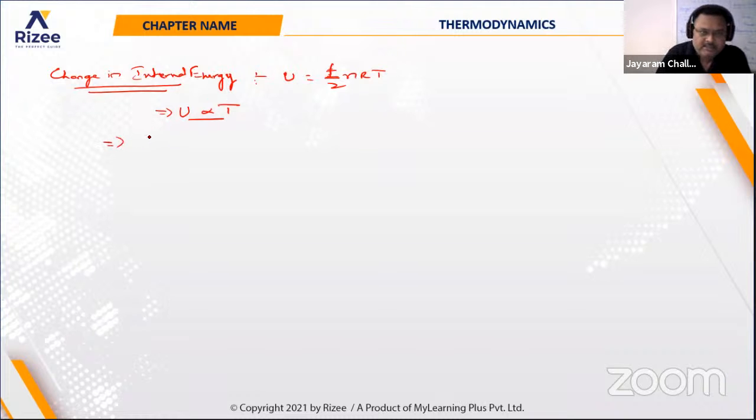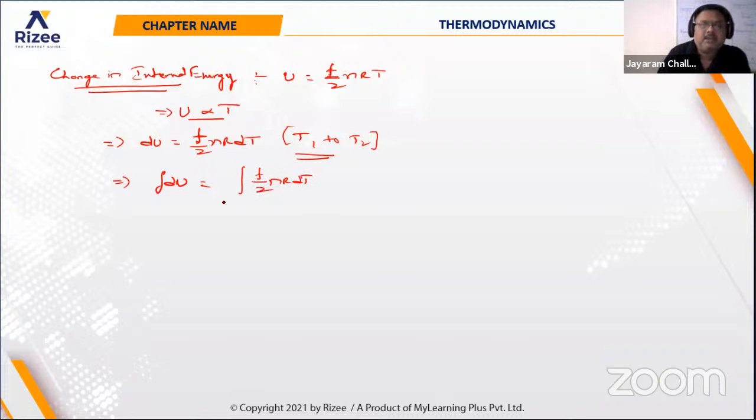So dU, the change in internal energy, can be written as F by 2 into nR into dT, where the temperature changes from T1 to T2. If you want to find U, it is the integral of dU, that is the integral of F by 2 nR dT from T1 to T2.